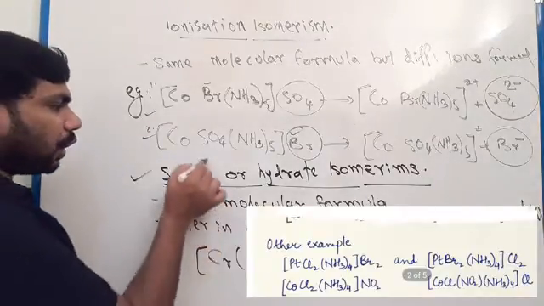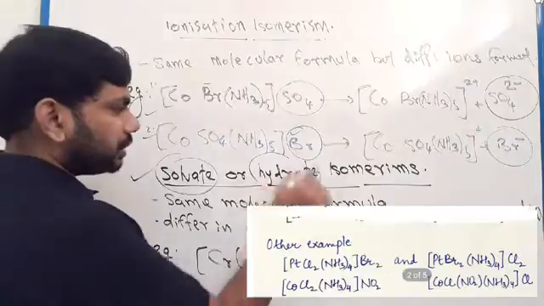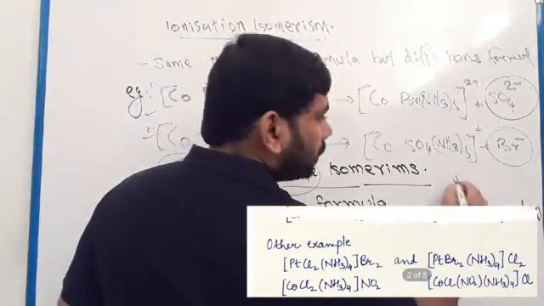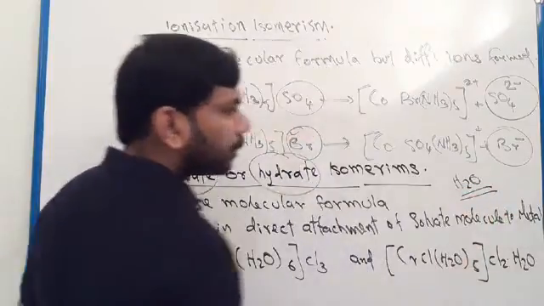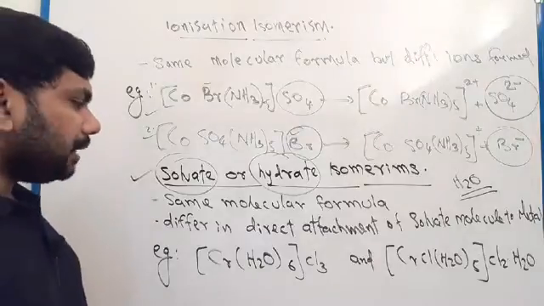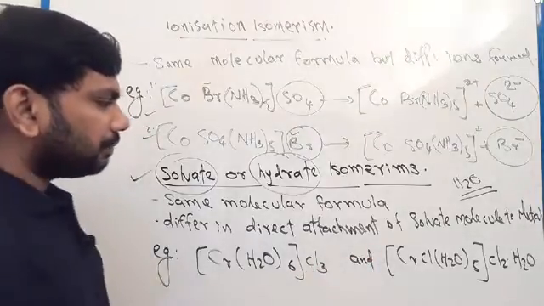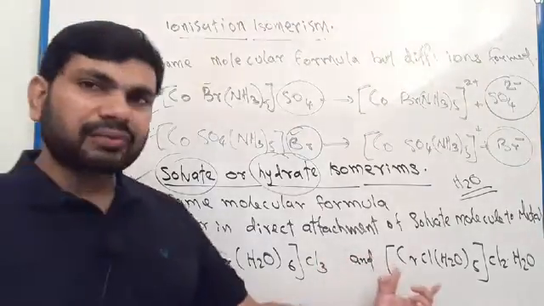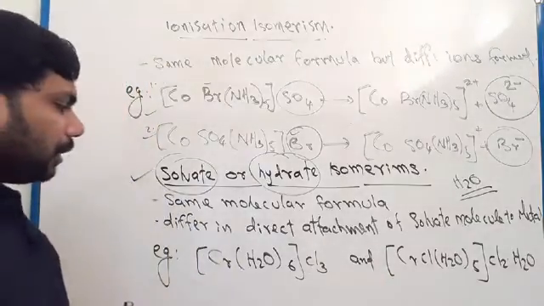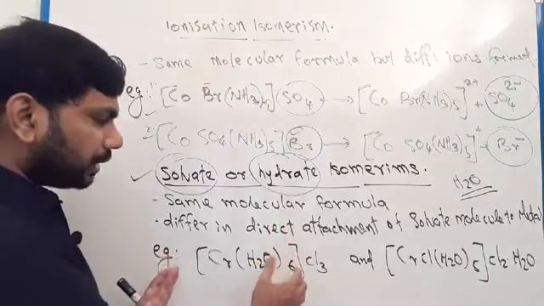After ionization isomerism, next we discuss solvent or hydrate isomerism. Solvent or hydrate means it represents water molecules. Here you can see they have the same molecular formula. We know this is the coordination sphere.